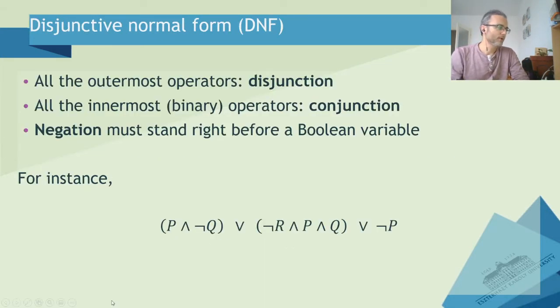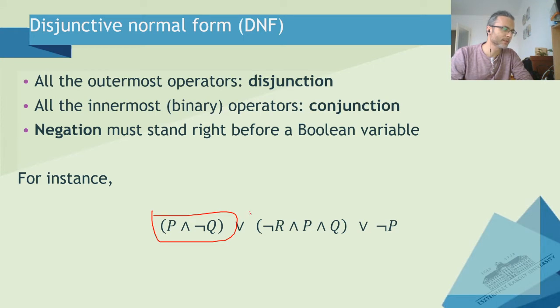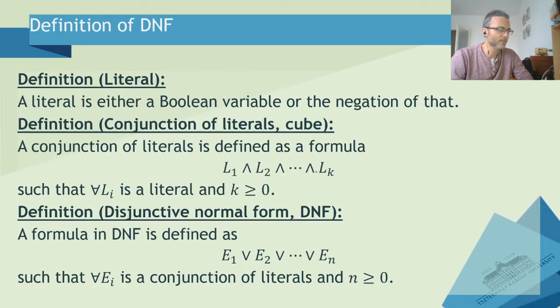So back to this example, we have 3 cubes here. This one consisting of 2 literals, this one consisting of 3 literals, and there is a third one consisting of only 1 literal. This is also allowed, because here we use k as the notation for the number of literals inside the cube, and this is the constraint for k. k must be at least 0.